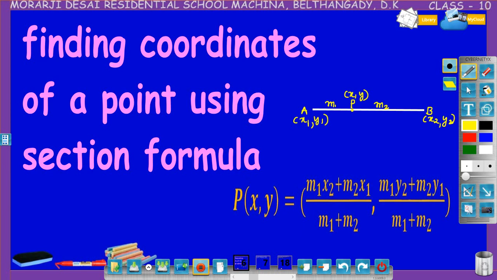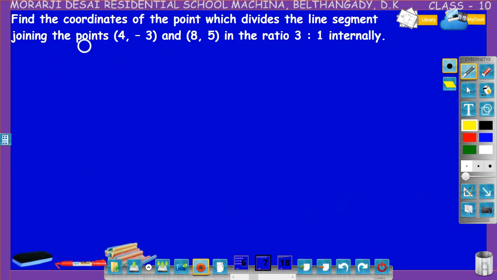Now let us solve the problems by using section formula. See here, find the coordinates of the point which divides the line segment joining the points 4, -3 and 8, 5 in the ratio 3:1. For this, draw a line segment here.